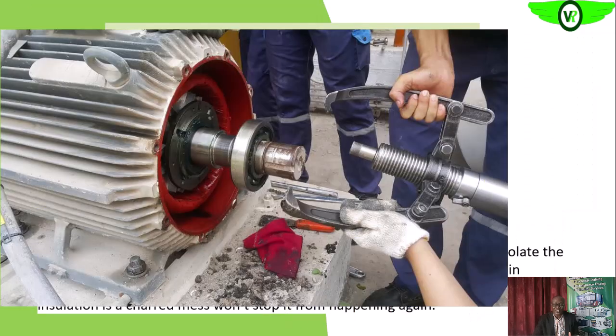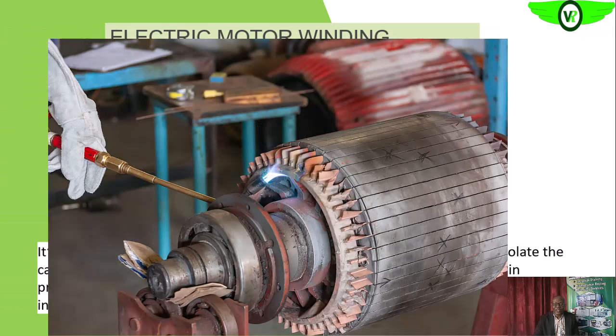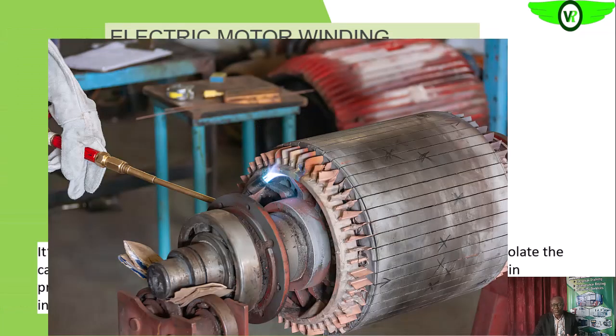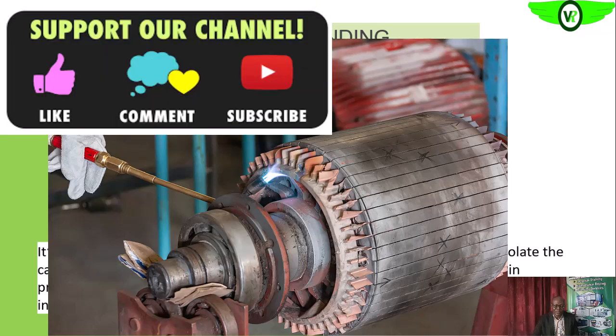Identifying a bad component in the electric motor is actually not enough, because when you identify a failed component and replace it, the possibility of that failure happening again will be there if the causes of the failure are not taken care of. So once we identify a failed component, it is very important to identify the cause or causes of the failure, so that we can put strategies in place that prevent it from reoccurring.